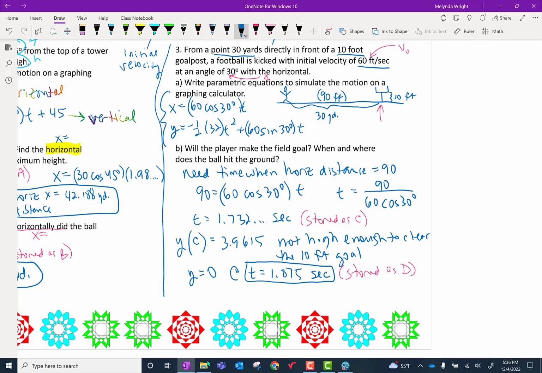Yes, we need the horizontal distance. So we would stick that d value, 1.875, etc., into our x equation, and that gives us 97.428 feet, and that's the horizontal distance.